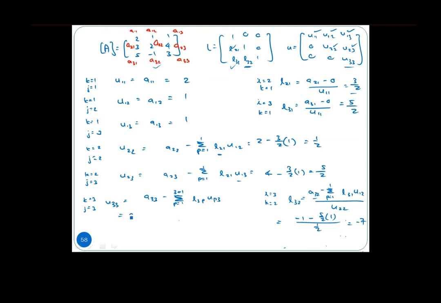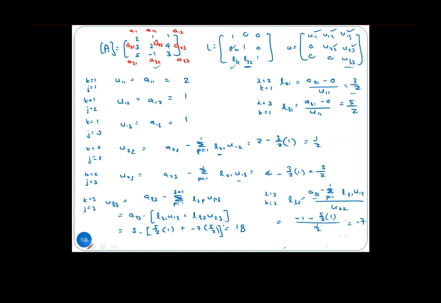So it's actually equal to A33 minus L31 U13 plus L32 U23. All right, so it will give us 3 minus 5 over 2 times 1 plus negative 7 times 5 over 2. Okay, so it will give us 18.